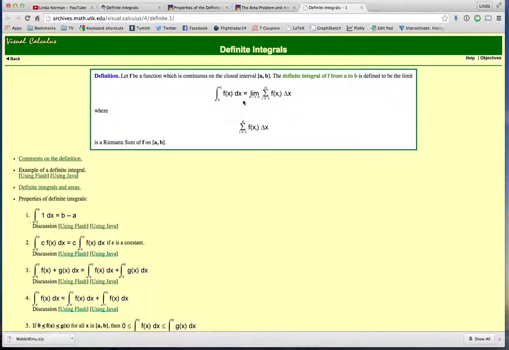So the definite integral, this is our notation. We use the antiderivative notation, the function dx, from a to b. So our boundary is lower bound, upper bound, and then it's the limit as n goes to infinity, and then we sum.